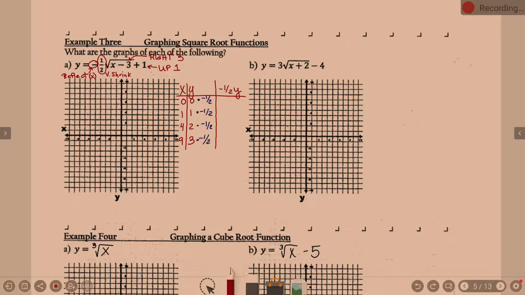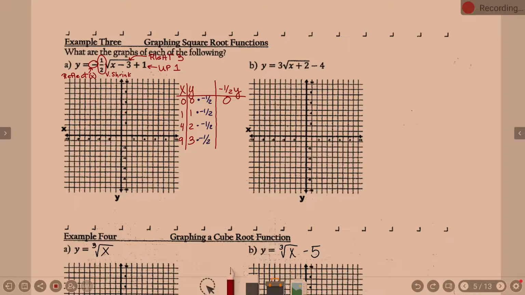So my first y value was 0. What is 0 times negative 1/2? 0. 0 times anything is 0. So that's my new y value. Okay, we have a y value of 1. What is 1 times negative 1/2?